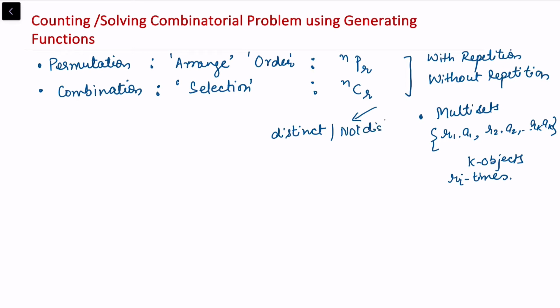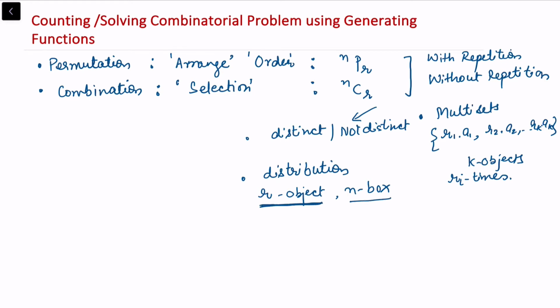Then we also discussed in permutation and combination something we call distribution problems. If you want to distribute something, how can we handle distribution problems? We want to distribute r objects into n boxes, and here the r objects may be distinct or identical, where repetition is allowed, and similarly the boxes may also be distinct or identical.